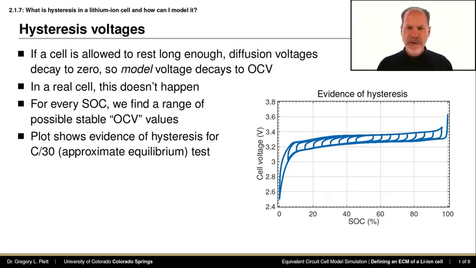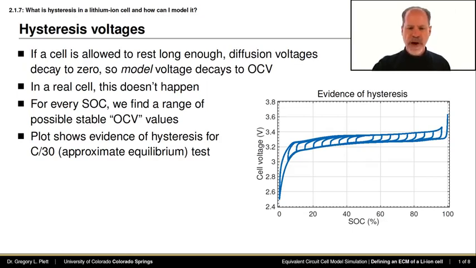And the reason that this very slow rate was chosen was such that the cell would be essentially in equilibrium at every point in this test. And so it's not completely true, but it's at least close to true, that every data point that you see plotted is a steady state or a rest voltage of a battery cell.